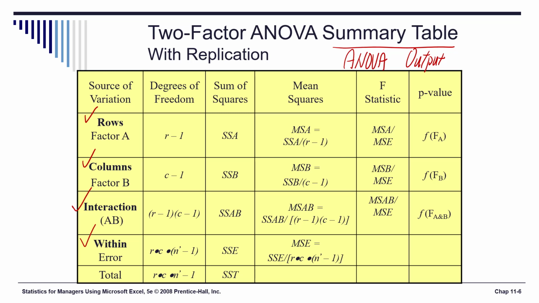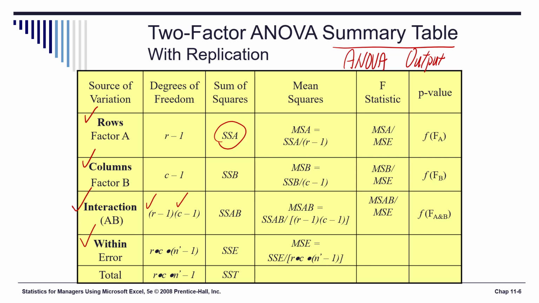Interaction is R minus 1 times C minus 1, so sum of squares of interaction. Right? And then we're going to get mean of square by dividing sum of square by the degree of freedom for each corresponding row, column, and then interaction.